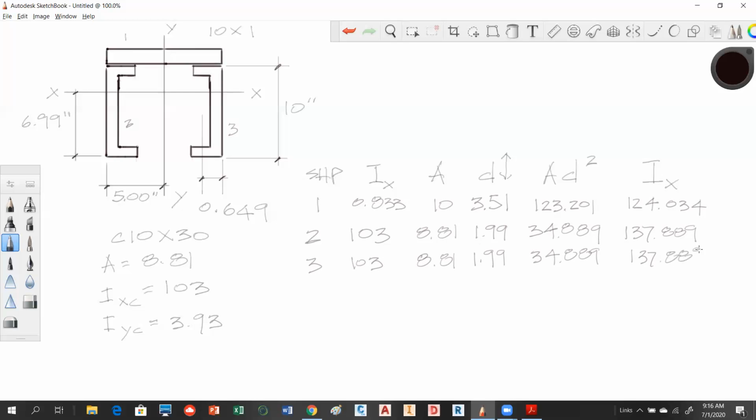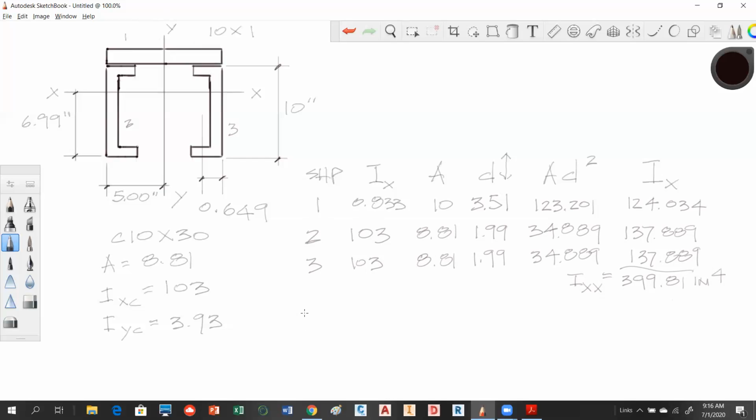And again, because we've got symmetry, same part, that's what's happening there. So we get 399.81 inches to the 4th. And this would be your what we call the IXX. So if we're loading it in this direction or this direction, this is the amount of stiffness it is bringing to the table. So we're going to look in the other direction now and see how that changes things.